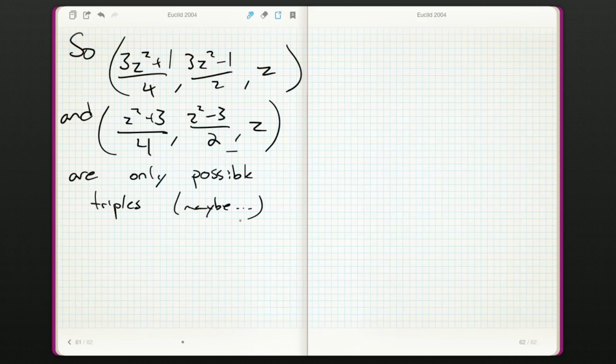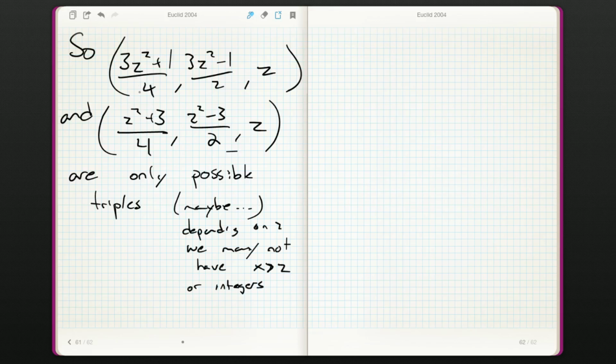I'm going to add this little maybe, just because, not that there could be more, but there might be fewer, depending on z. We may not have x greater than z or integers. I'm extremely wary of this divide by 4.